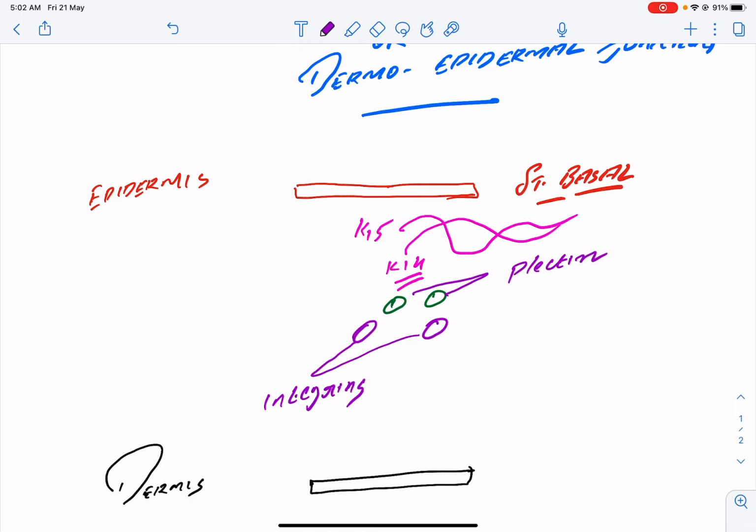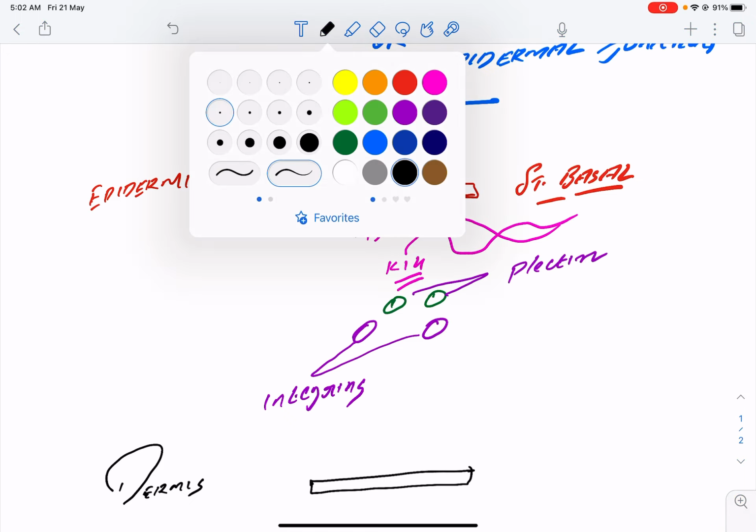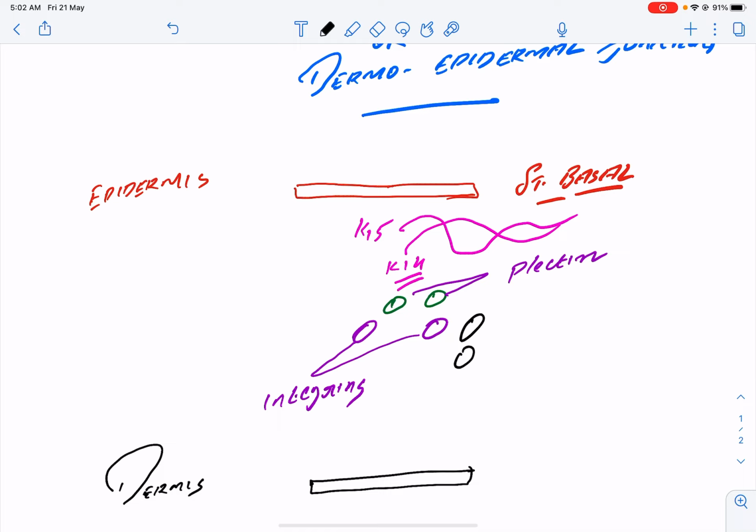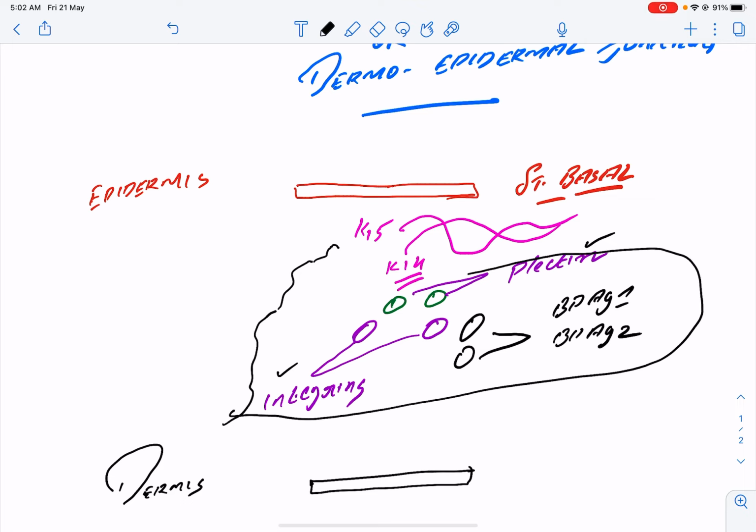Then we have some more, BPAG1 and BPAG2. So plectin, integrins, BPAG1, BPAG2: all these together we call hemidesmosomal proteins.